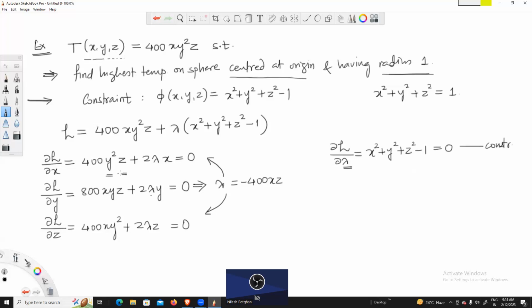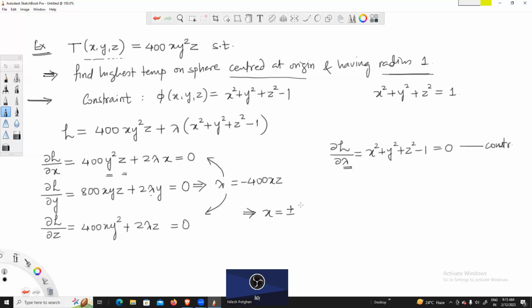Take any variable from any equation, write it in terms of the remaining variables, put those in the remaining equations, and minimize the number of variables. At the end you get one equation with one unknown, and you can find the values of all 4 variables. This is the methodology. I'm not going to solve this over here.